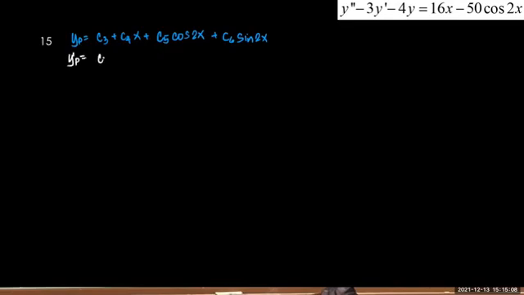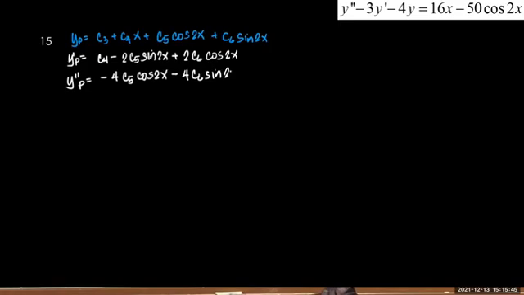Y prime would then be C4 minus 2 C5 sine 2x plus 2 C6 cosine of 2x. And then the y double prime is negative 4C5 cosine of 2x minus 4C6 sine of 2x.